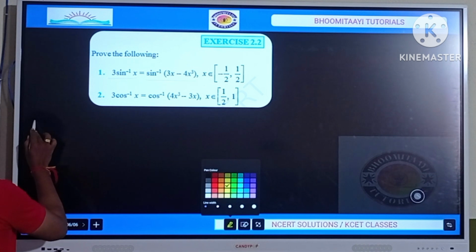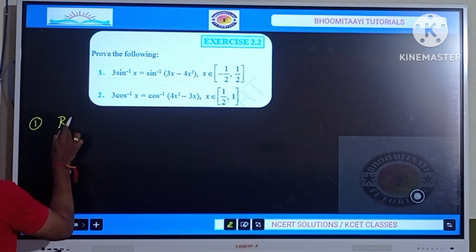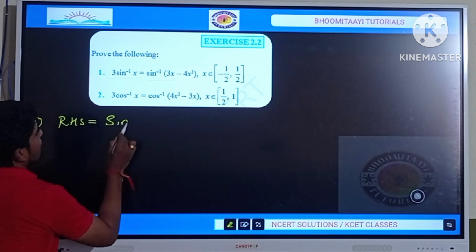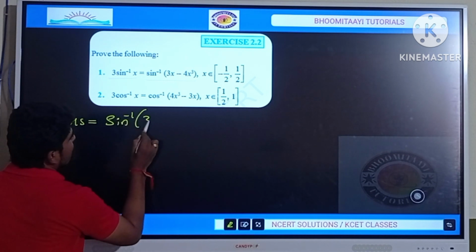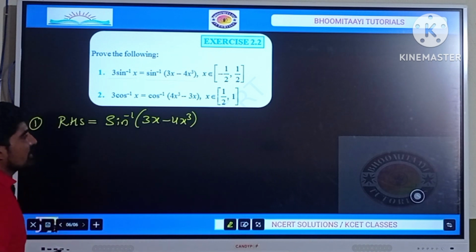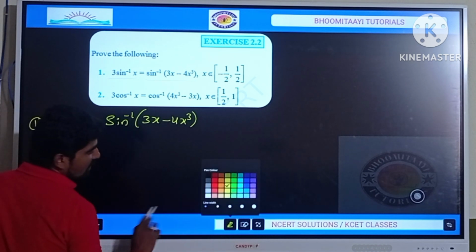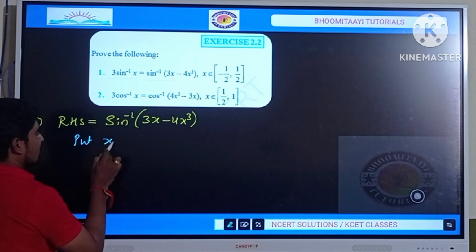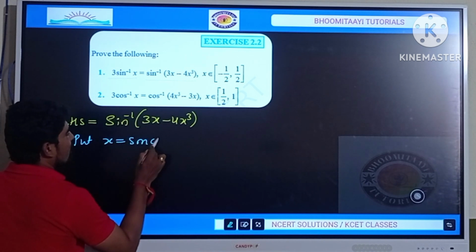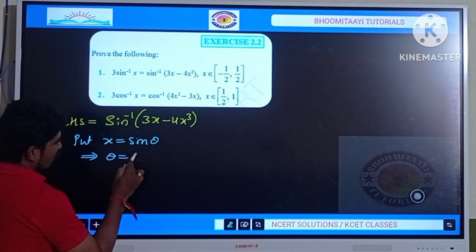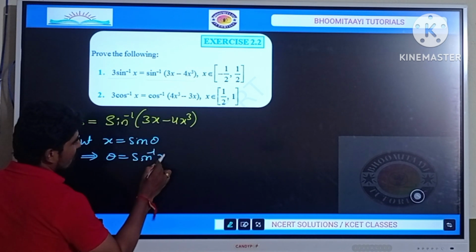To prove this, consider the RHS of the given equation. What is the RHS here? Sin inverse of 3x minus 4x cube. So in this, put x equals sin theta, which implies theta equals sin inverse of x.